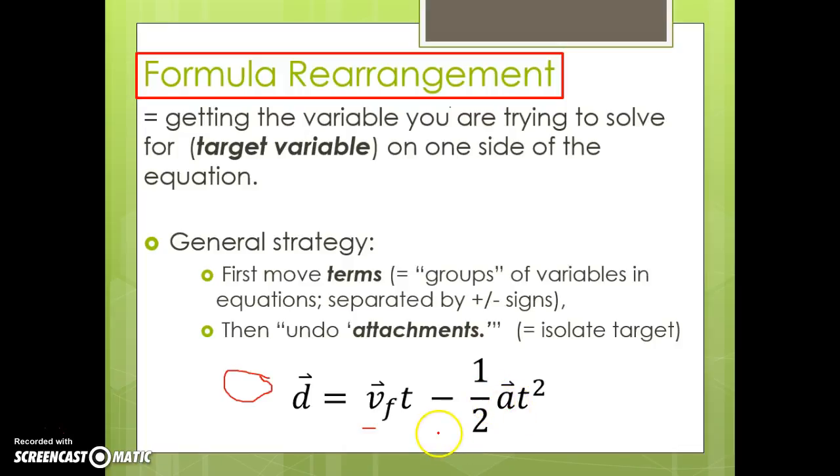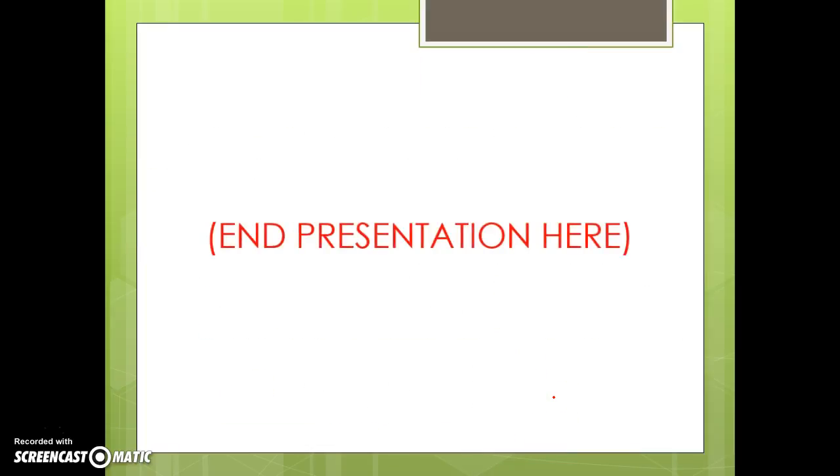So what you would divide this all by is negative 1/2 t squared. You want to leave acceleration, and you do the same thing here. So your new equation would be acceleration equals the displacement minus velocity final over time, divided by negative 1/2 time squared. Bang bang.